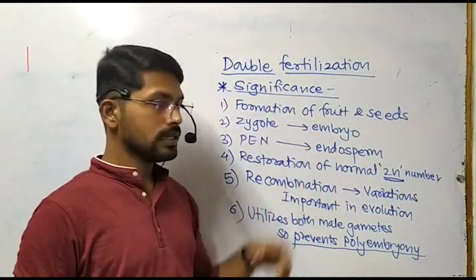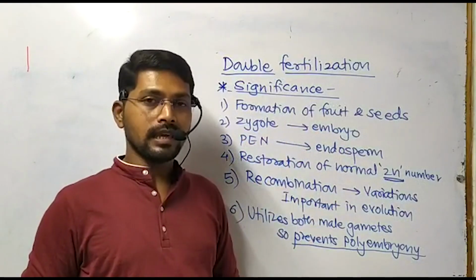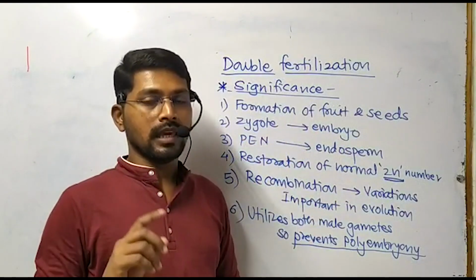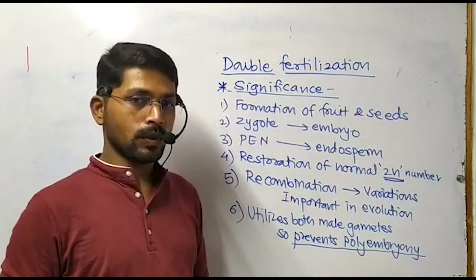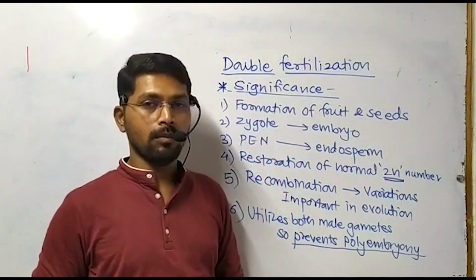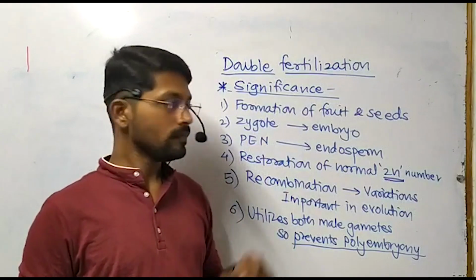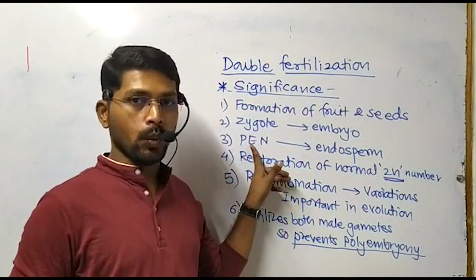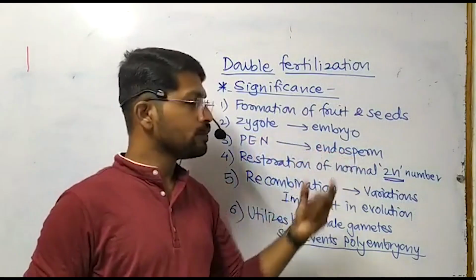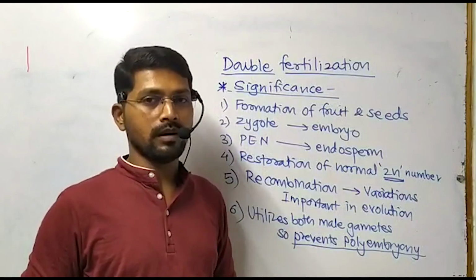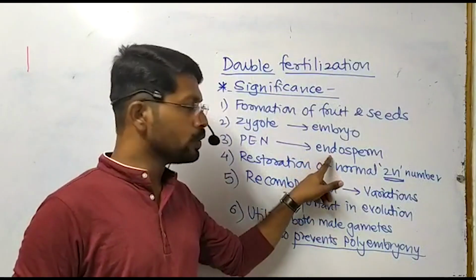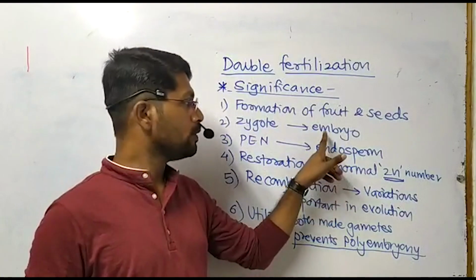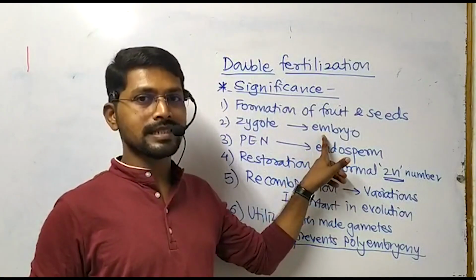The third important significance is that in double fertilization, the event triple fusion is responsible for formation of the primary endosperm nucleus. This cell will divide and redivide to produce the nutritive tissue we call endosperm. This endosperm provides nourishment to the developing embryo present inside the seed.